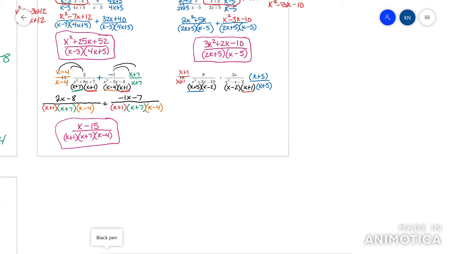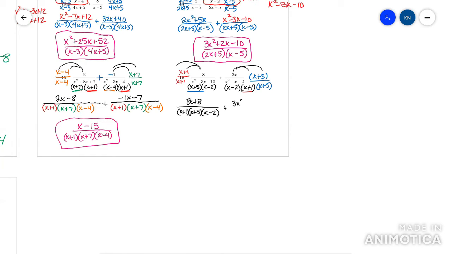All right, so up top, you're going to have to distribute. So it's going to look like this. 8x plus 8 over all 3 things. And that's plus. Distribute over here as well.